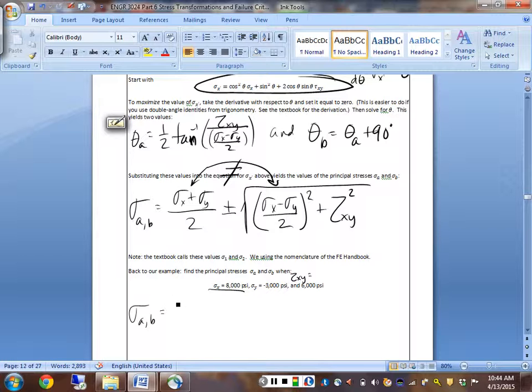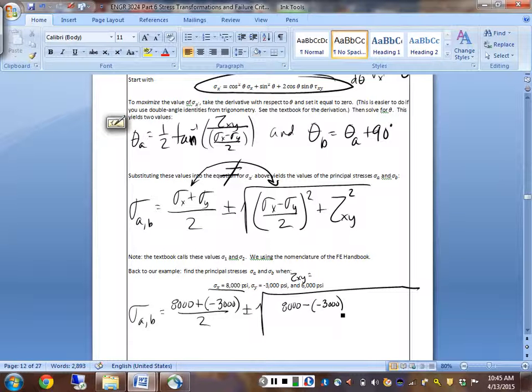So sigma A and B, principal stresses, what do we substitute in? We have sigma x, 8,000, plus sigma y, which is minus 3,000, over 2, plus or minus the square root of sigma x minus sigma y over 2, that thing squared.